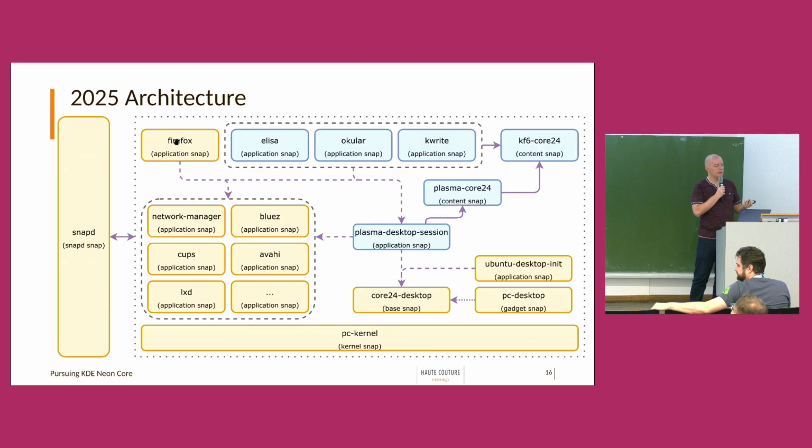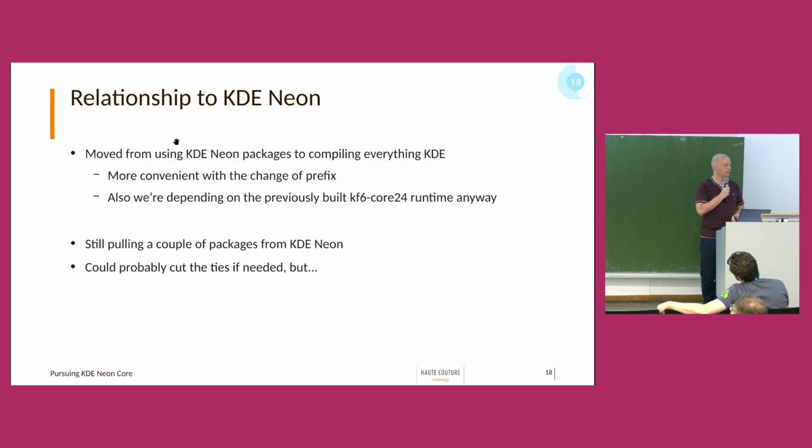And so that means we parted ways with the KDE packages in the Neon archive. Okay, we're building the KDE stuff on top. That's more convenient for several things because, as I mentioned, potentially different ABI because we're using the built KF6.